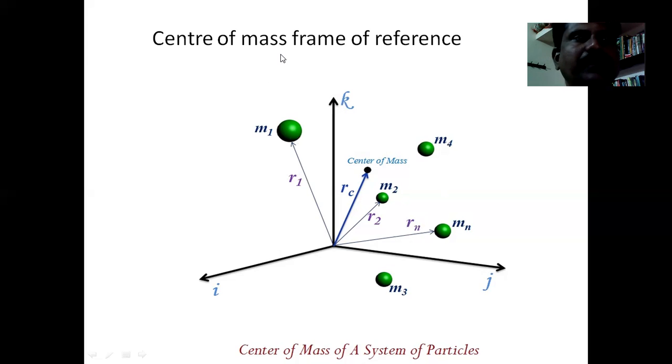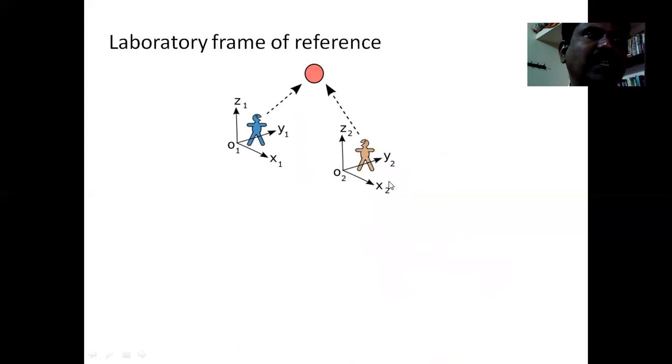This is something regarding the center of mass frame of reference, as well as the laboratory frame of reference. These two pictures indicate the laboratory frame of reference. This is also an inertial frame. With respect to this frame, one event is going on, which the red spot indicates.